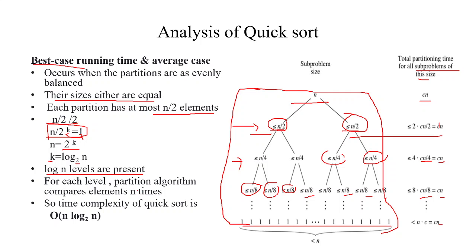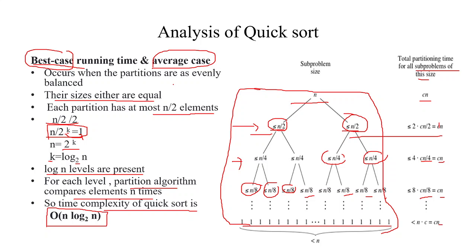For each level, the partition algorithm compares the elements n times. So the time complexity of quicksort is big O of n log n to the base 2. This is the time complexity of quicksort in the best case. The same thing holds good even for the average case, because we select the pivot as some random element in between, around the median.